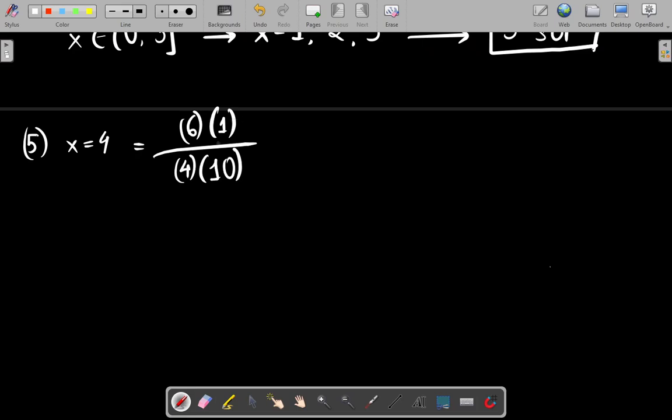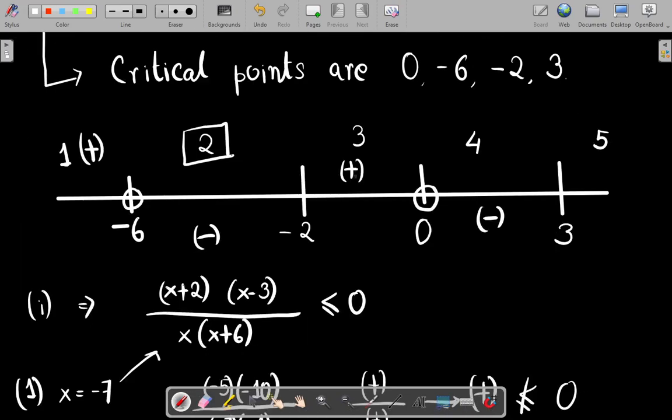So this is positive and this is positive, so this is positive upon positive, with no chance of being negative. This is not less than or equal to 0, so again no solution from this region. So this section 5 is also positive, so the solution region is in sections 2 and 4.